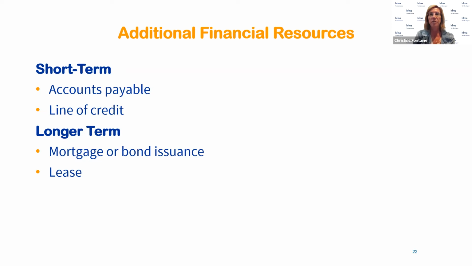A lease may be structured as either an operating lease or a capital lease. An operating lease is essentially a long-term rental of facilities or equipment. A capital lease is similar in many respects to a mortgage in that the lessee makes a fixed monthly payment to the lessor for use of the asset.